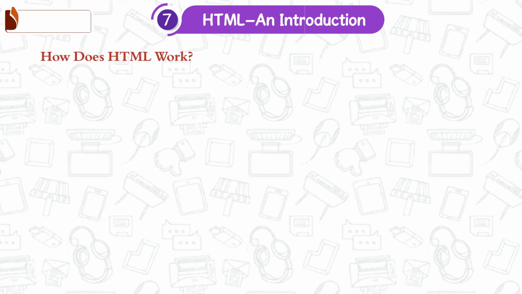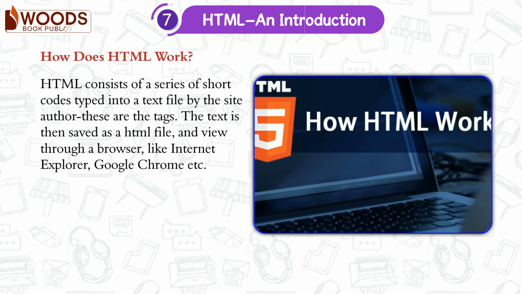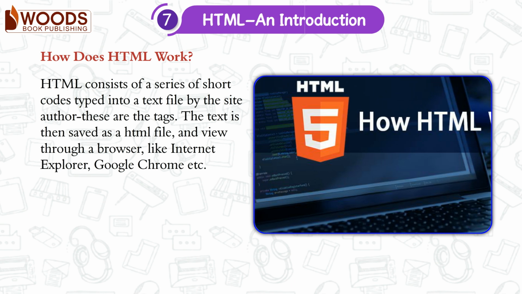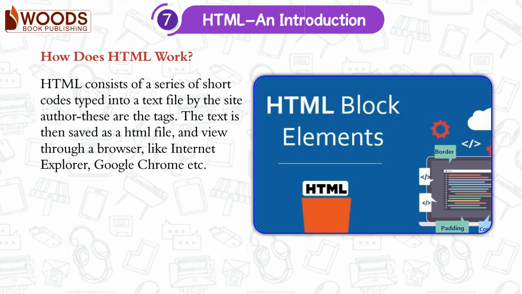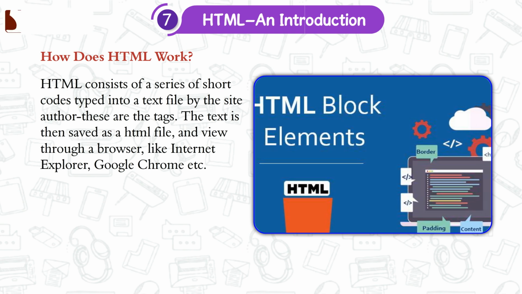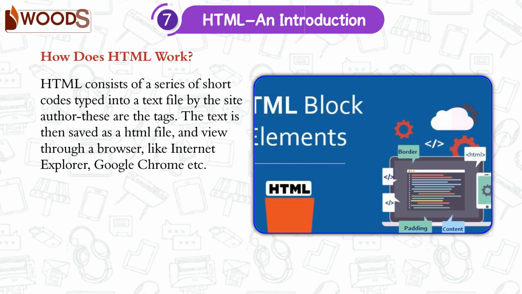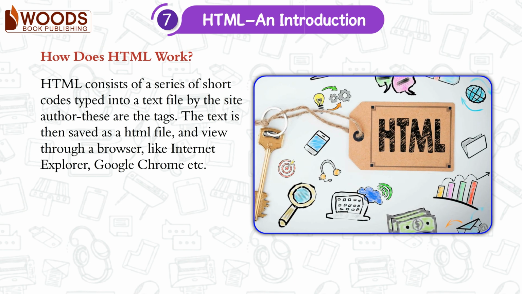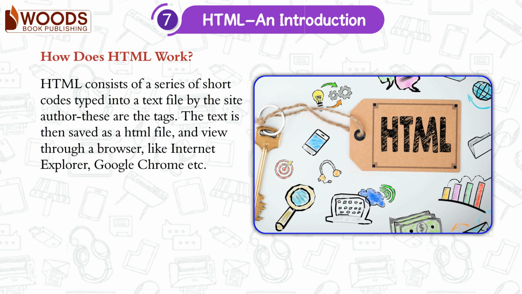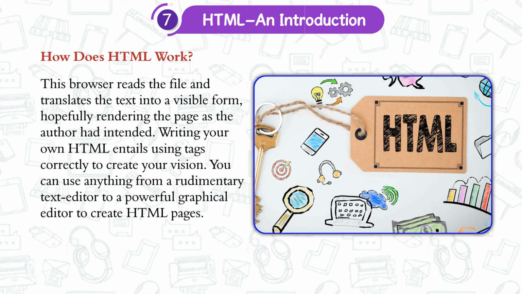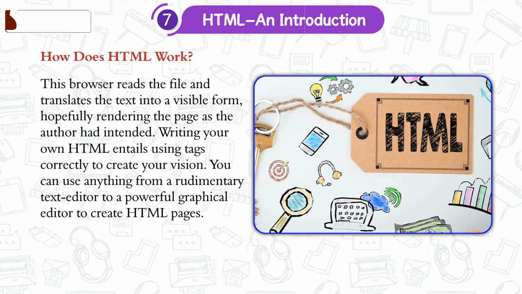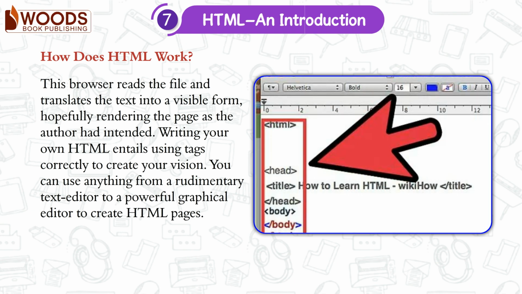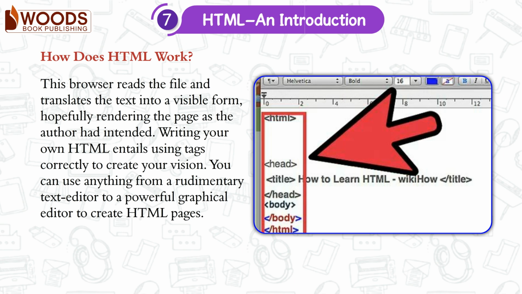How does HTML work? HTML consists of a series of short codes typed into a text file by the site author. These are the tags. The text is then saved as an HTML file and viewed through a browser like Internet Explorer, Google Chrome, etc. This browser reads the file and translates the text into a visible form, hopefully rendering the page as the author has intended.